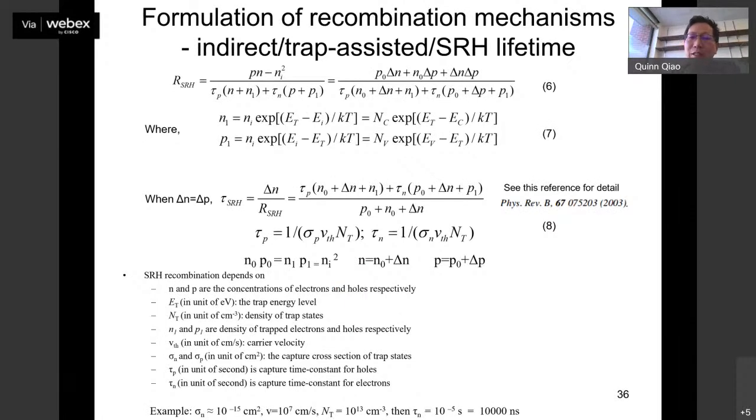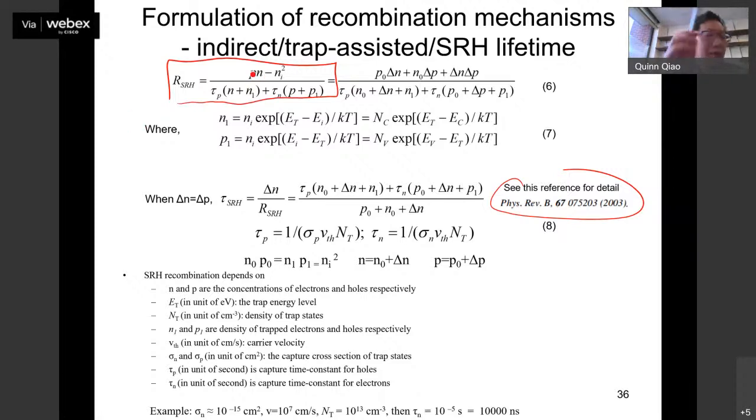If you look at these papers, I'm not going into the details. This will be the model for trap-state-assisted recombination. Then P equals P0 plus delta P, N equals N0 plus delta N, right? That's why you plug that in here and change this. P equals P0 plus delta P, N equals N0 plus delta N.